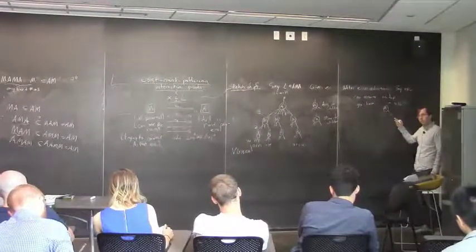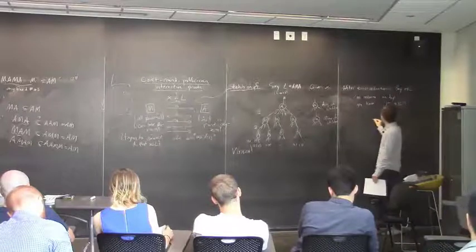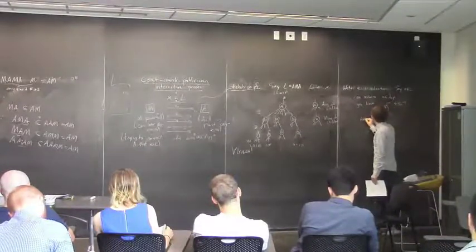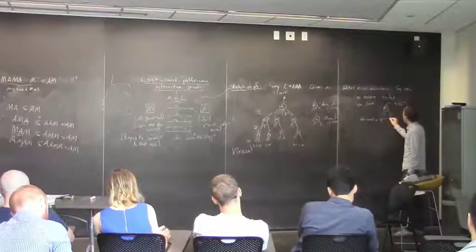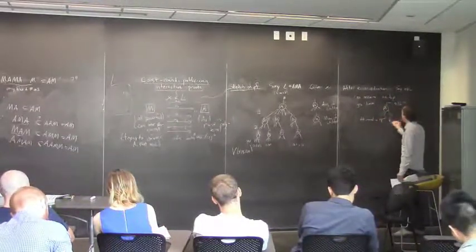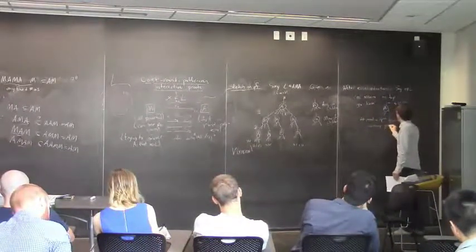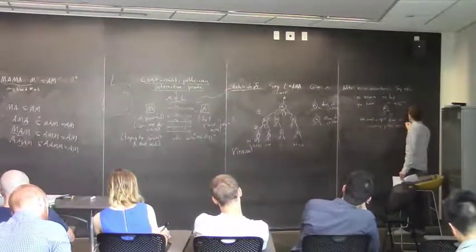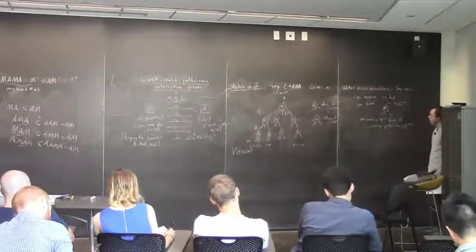There's a stronger property qualitatively: almost all the numbers are small. In particular, you can see that at most a 4 to the minus n fraction of these incoming probabilities are bigger than 4 to the minus n.